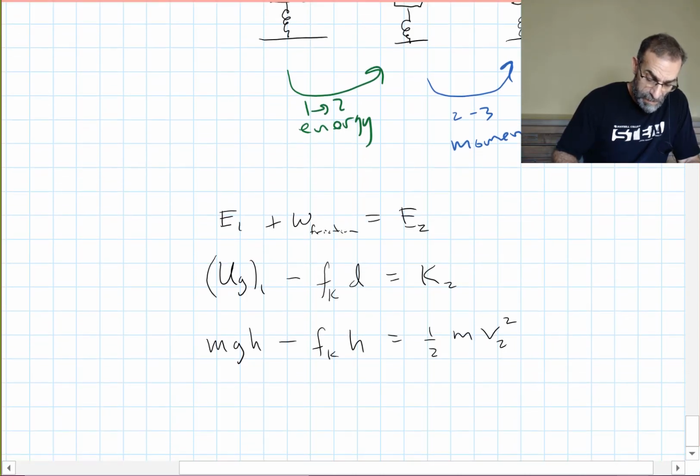We're trying to find v, right? So we can multiply by 2 and divide by m. We're given those other things, right? So we've got 2 times gh minus the 2 times the friction force.